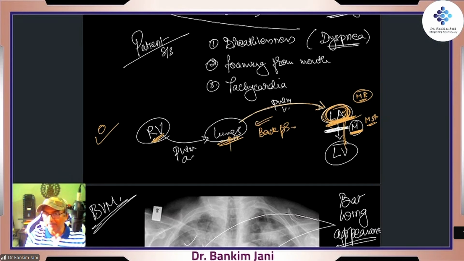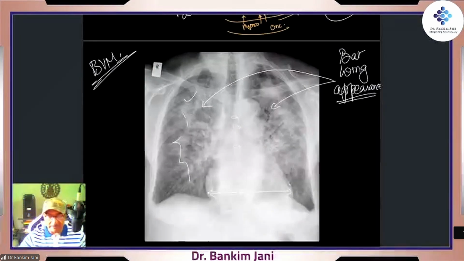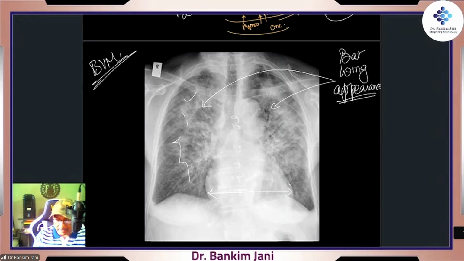Because this back pressure will be doing what? It will be increasing the hydrostatic pressure. Because here these were the vessels, right? The oncotic pressure is the same, but this hydrostatic pressure, when the fluid will try to go forward, but it is unable, so that pressure will increase over here, and that will lead to pulmonary edema. Right? So thus, when we see the left atrial enlargement, see how wonderful it is.